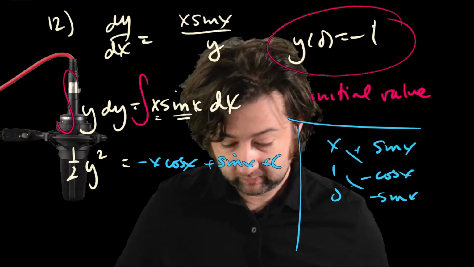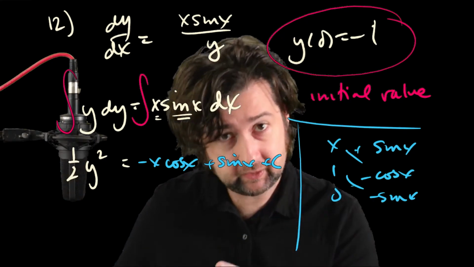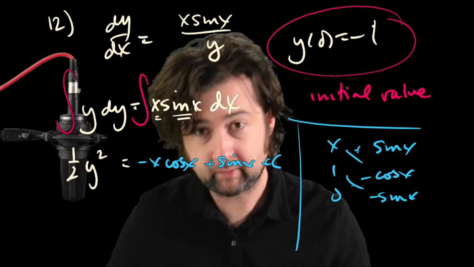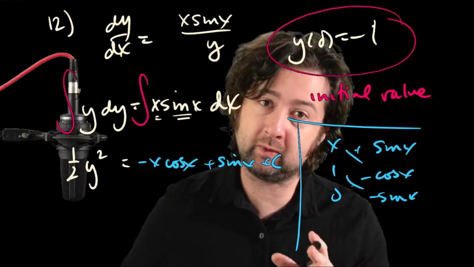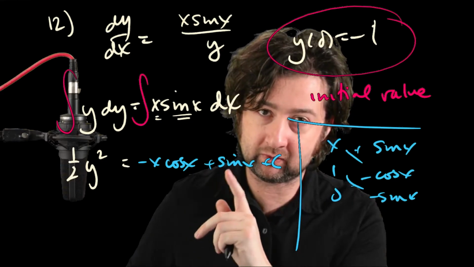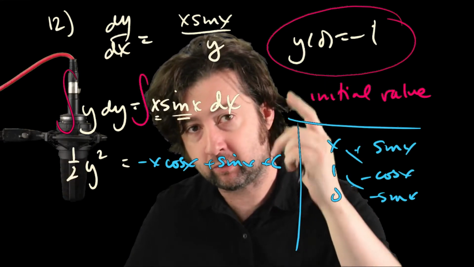So now what? Well, if I want to, I could completely solve this for y. But I don't need to do that in order to figure out what the c needed to have been. I can use this implicit equation to figure out the value of c because I know what the y value is supposed to be, and I know the x that corresponds to it.